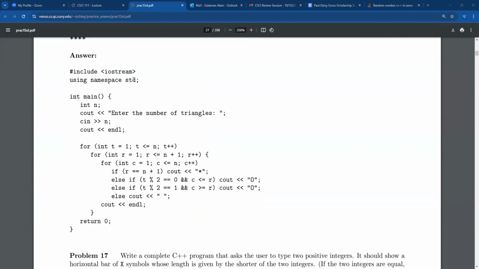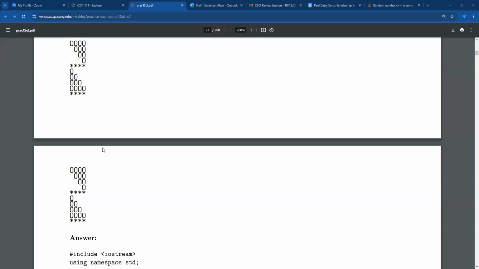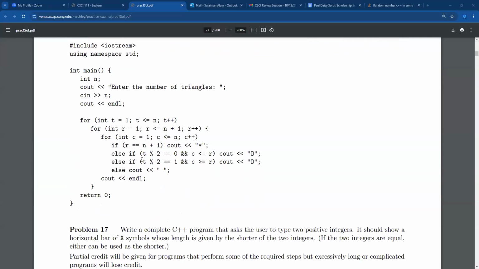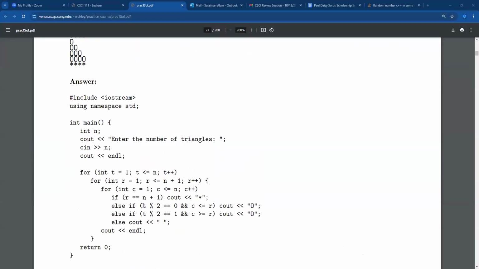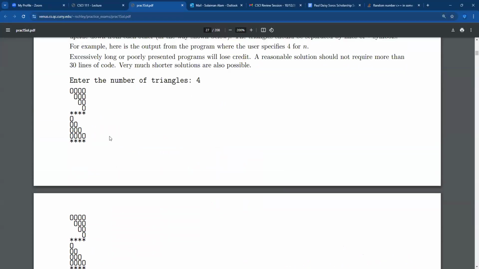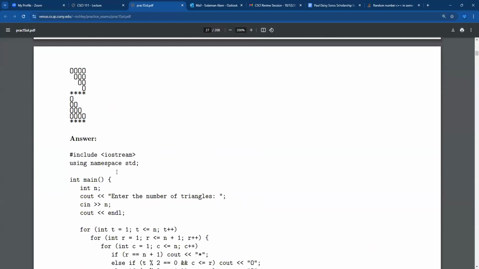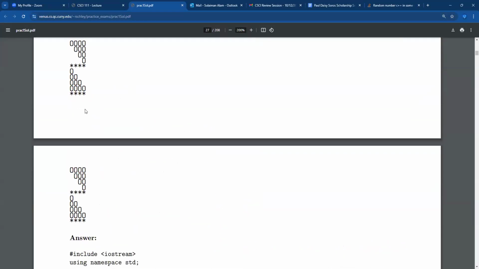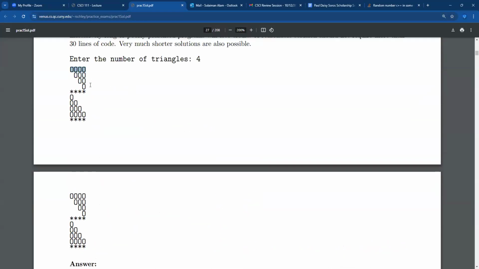How did she get t mod 2 equal to 0 and then t mod 2 equal to 1, and what's the reason for that? Oh, because depending on which triangle you're on, you have to print a different triangle. So if you're on triangle 1, you print it like this.